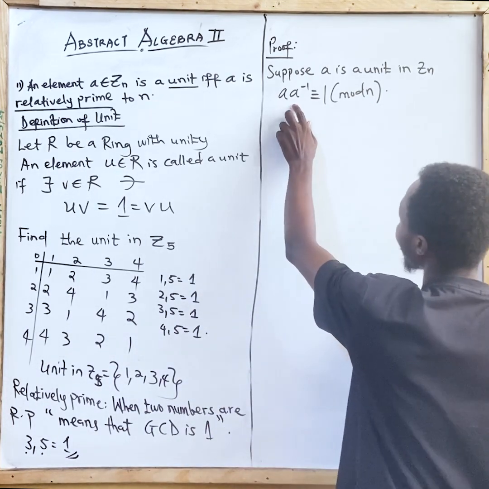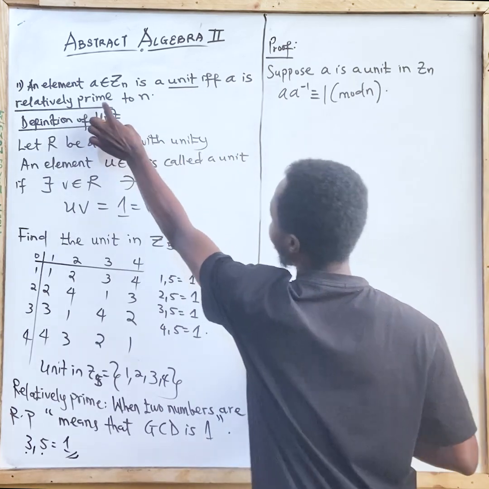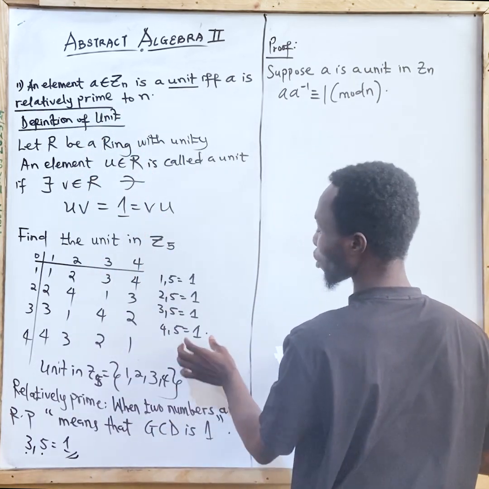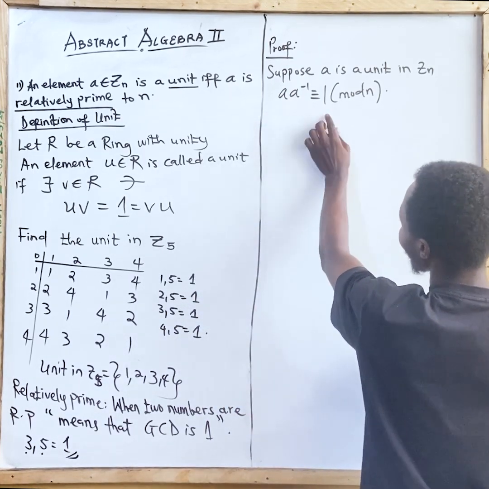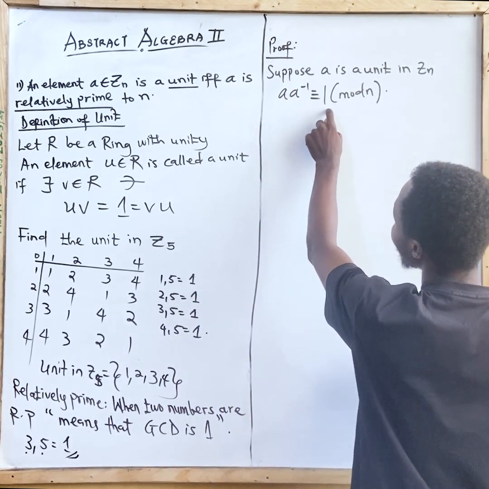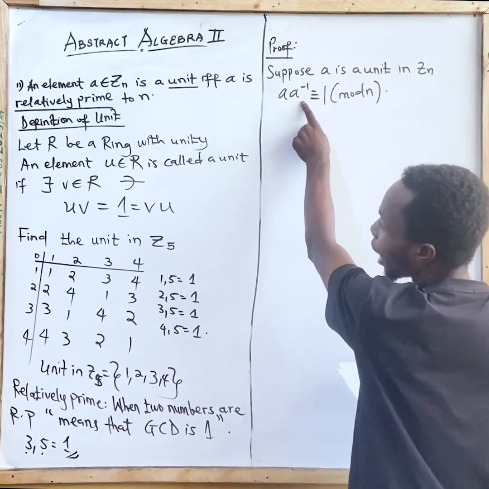So what this means is that A is a unit if it's relatively prime, and relatively prime means that the greatest common divisor between them is 1. So basically I'm saying that 1 is the greatest common divisor of this A and the other element.